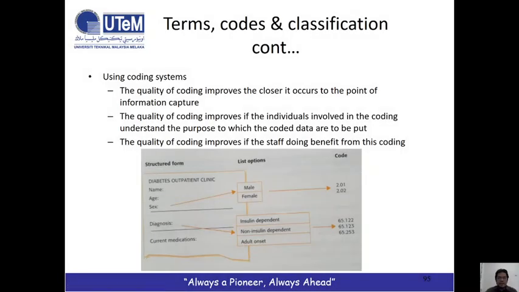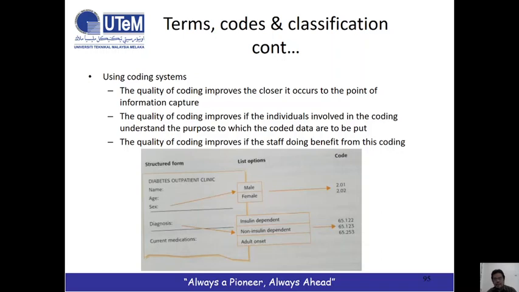Okay, using a coding system. A coding system is not only in healthcare. In a normal system we also use coding. For example, gender or sex. We have two types of sex, male and female.